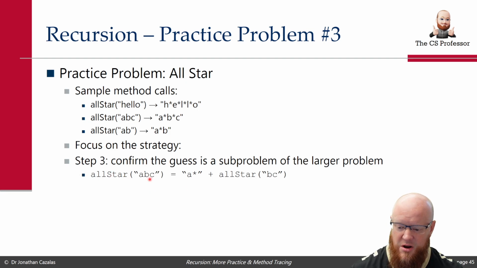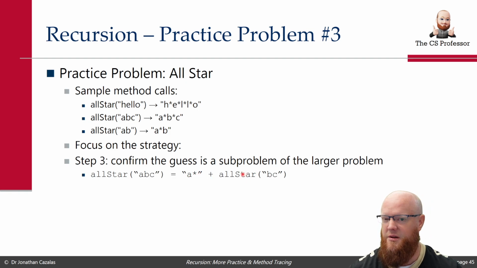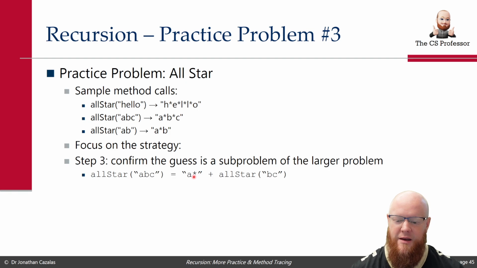So here, allStar of ABC, we could say, well, what's the smaller version? allStar of BC. Yeah, okay. Place asterisks between all adjacent characters on a string of size 3. Well, here's a smaller version, a string of size 2. But what has to come first? I need to concatenate to this recursive call, which is going to be weird. It's the first time we've seen that. Concatenate to that recursive call A followed by an asterisk.